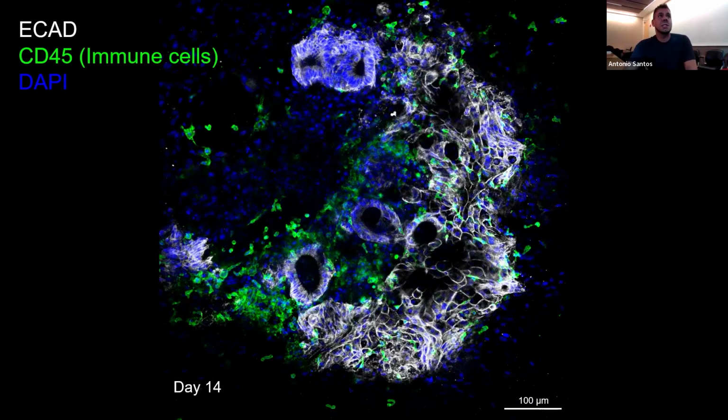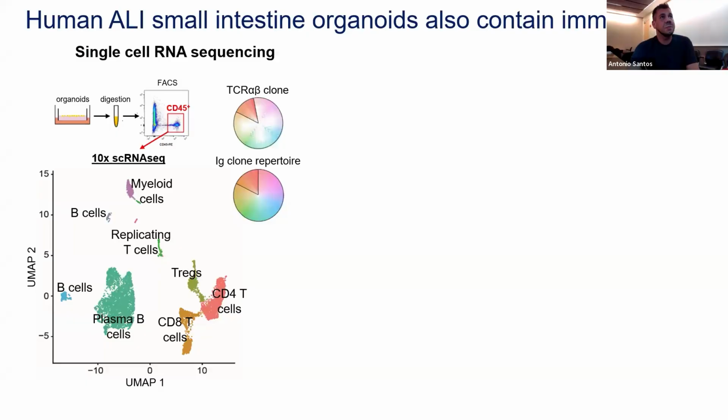This is very important because this is basically the first organoid model that is not coming from a tumor that contains the epithelial cells that make the function of the small intestine, but also has immune cells. And therefore, we can use them to study more complex diseases like celiac disease.